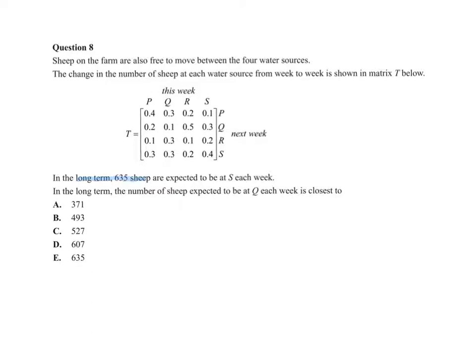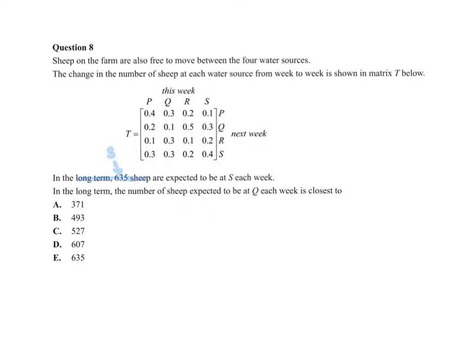So if you look at this, we don't really know how many sheep there are to begin with in our state. We only know they've told us that in the long term we know what's at S. Remember when I said it doesn't matter how you break them all up, in the long term they will all settle in permanent spots the way it should be according to the transition.